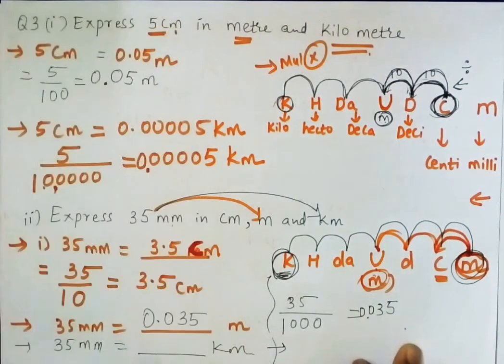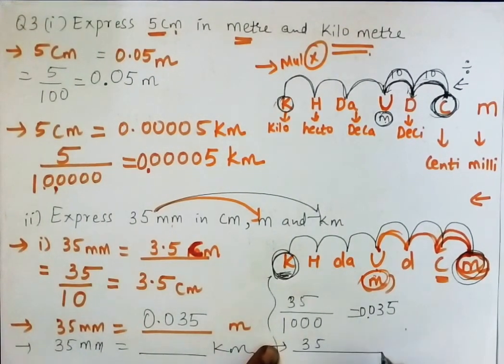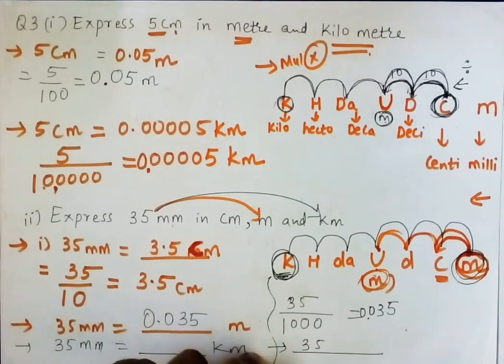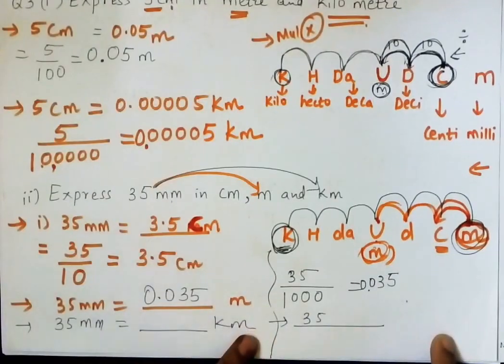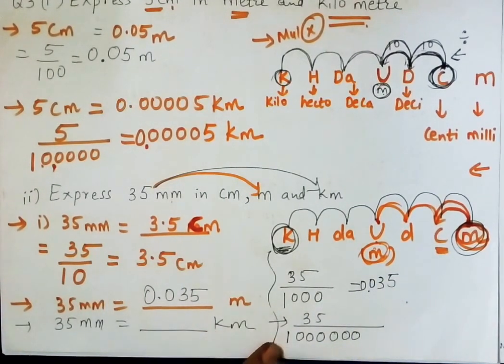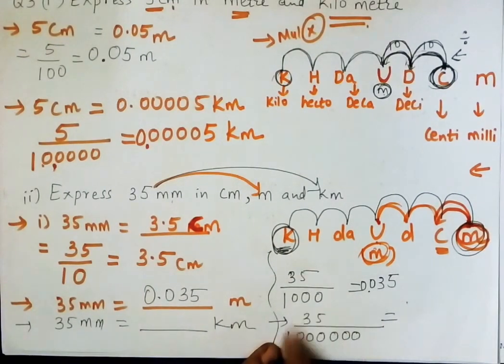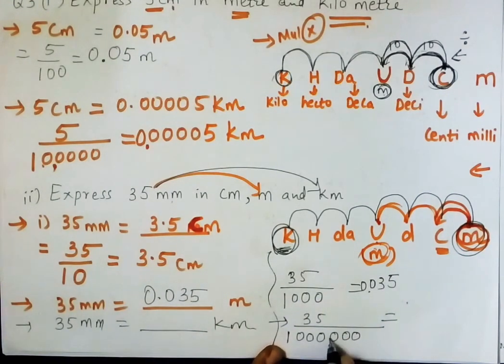So we need to divide this 35, and how many zeros will we take? We will take 6 zeros. I hope it is clear to all. 6 zeros we need to take: 1, 2, 3, 4, 5, 6 and 1. So we will divide with this. Now we can write this fraction into decimal. After 1, 2, 3, 4, 5, 6 digits we will keep the point.